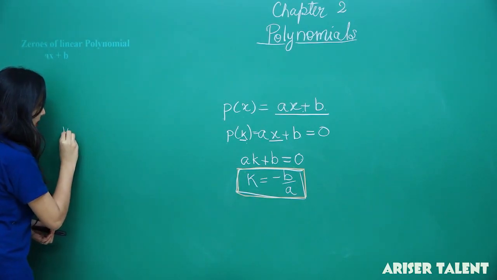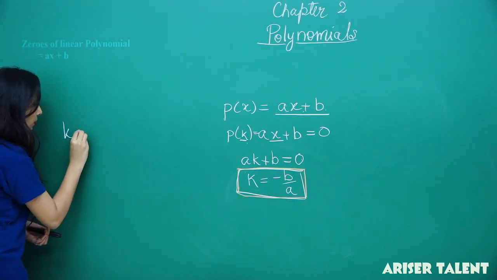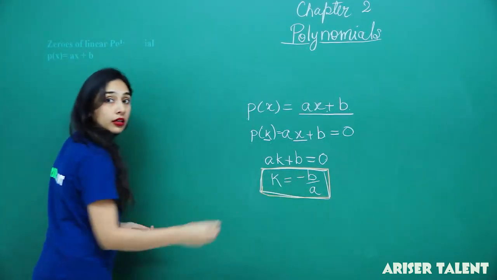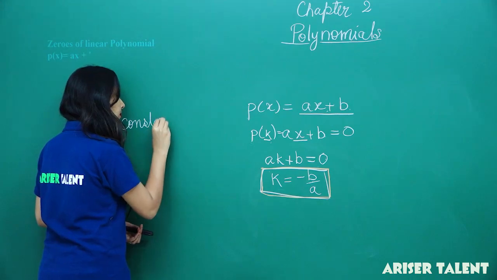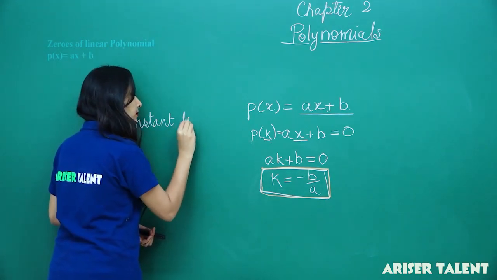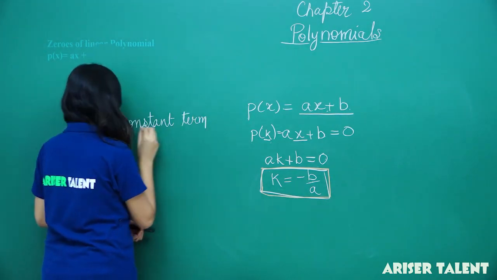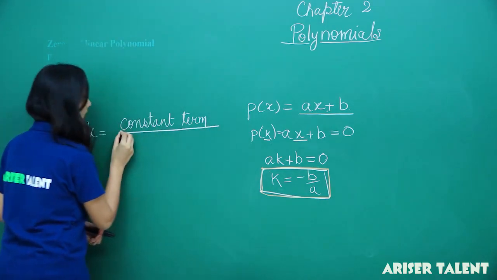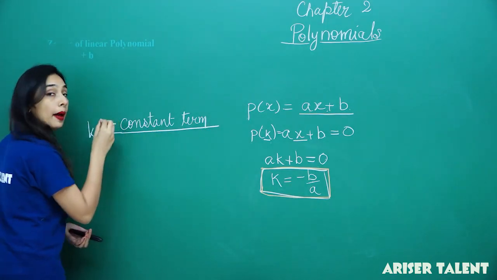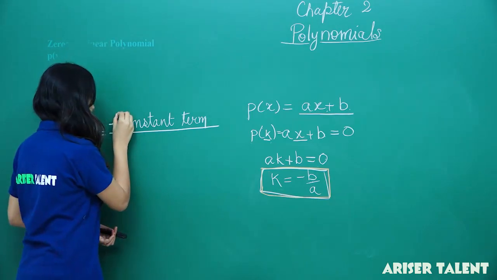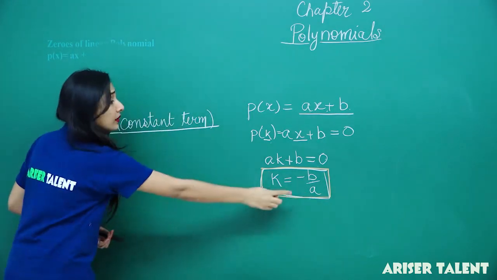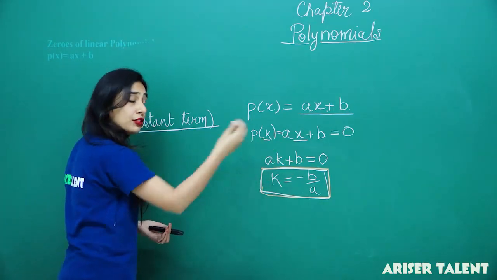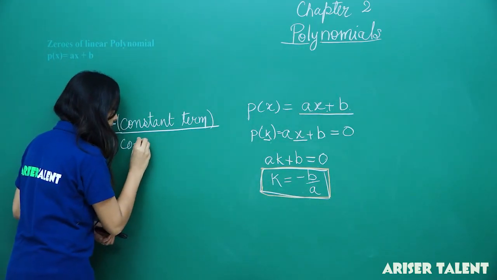We can write this k as what? B is the constant term, right? Upon, and this constant term with a minus sign, upon what? A is nothing but the coefficient.